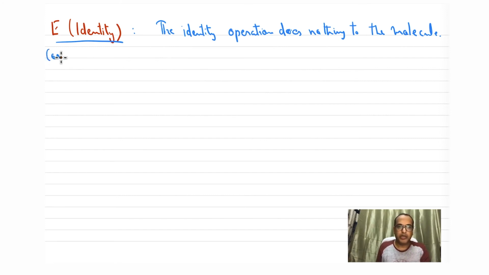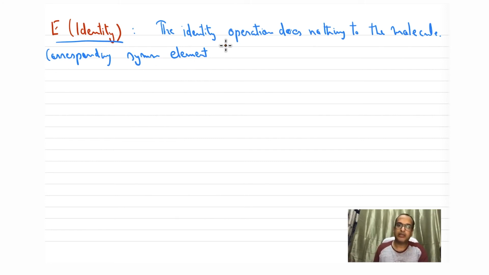So the corresponding symmetry element. What will be the corresponding symmetry element? Remember, when we first said, the symmetry element is a set of points that remain unmoved while performing a symmetry operation.